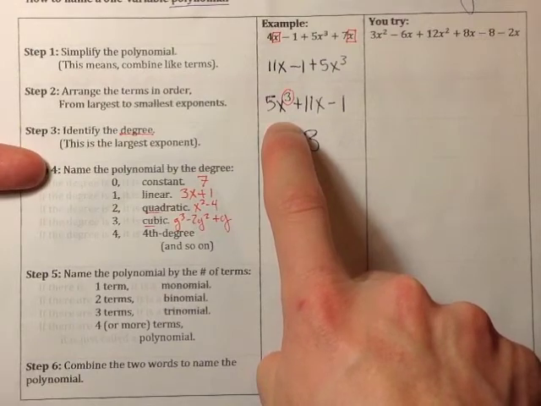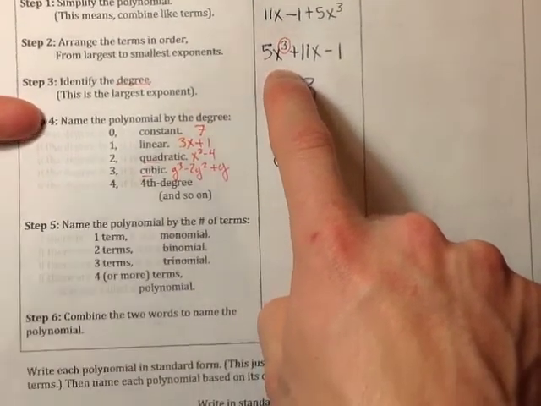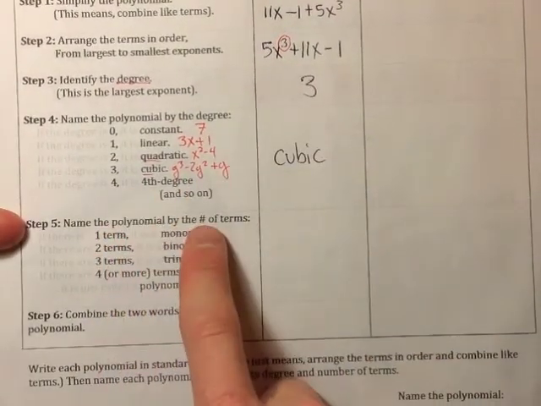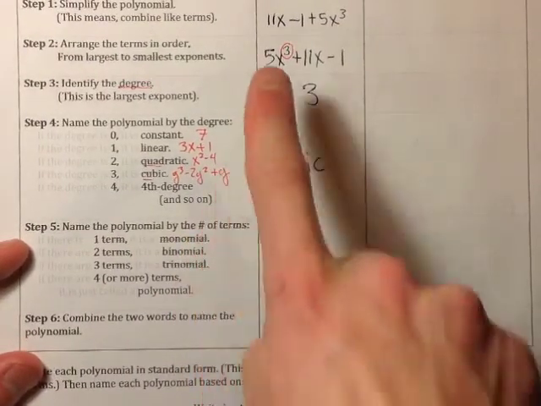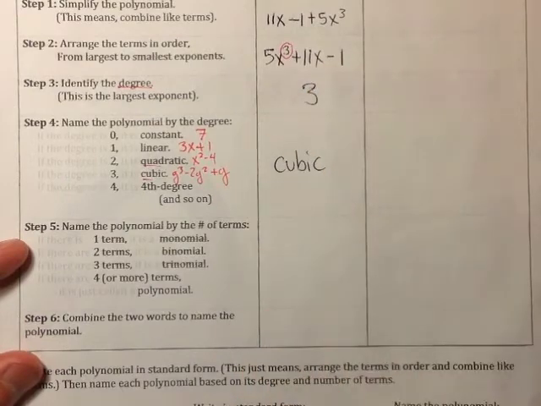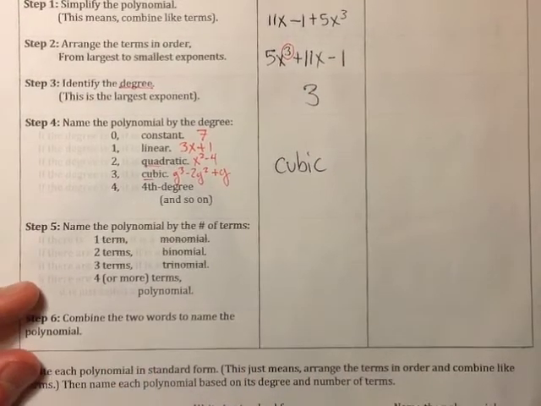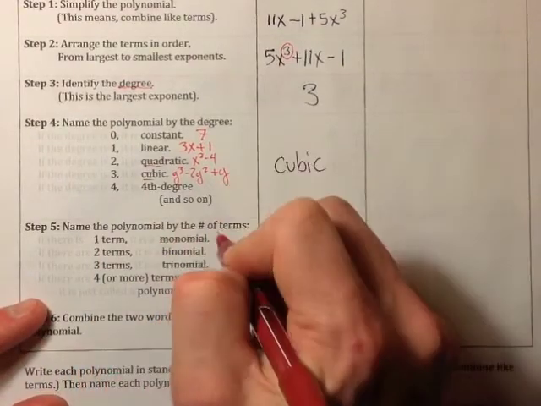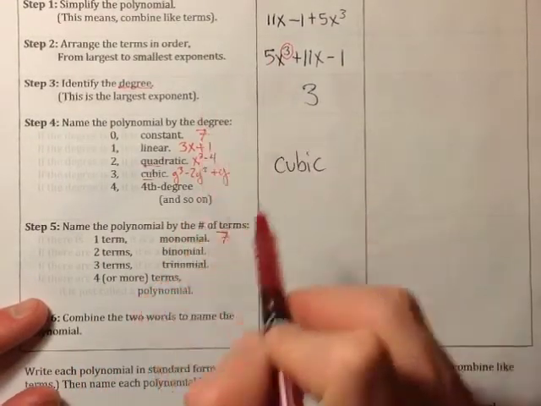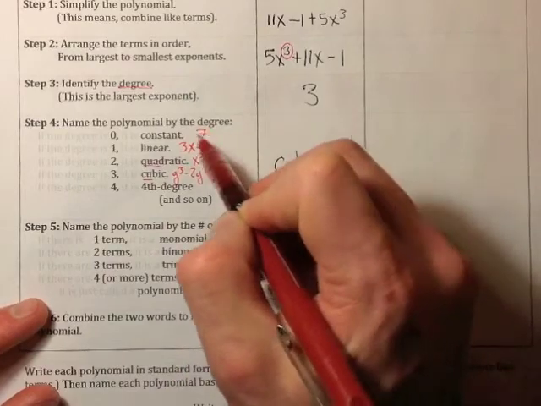Now we can name the polynomial in a different way as well. We can name the polynomial by the number of terms. Remember that terms are things that are added together. If there is one term, it is a monomial. So 7 is a monomial because there's only one term.